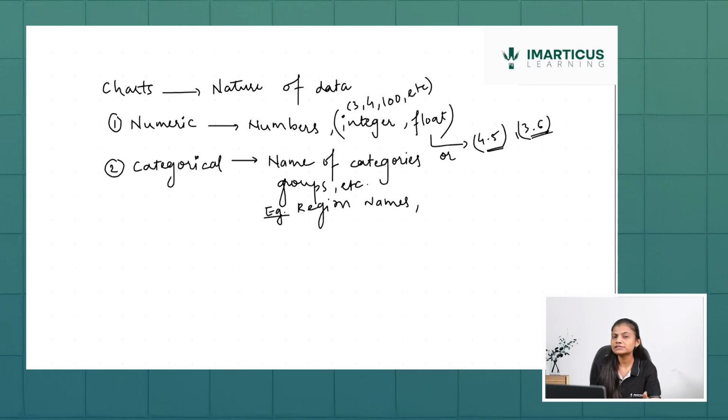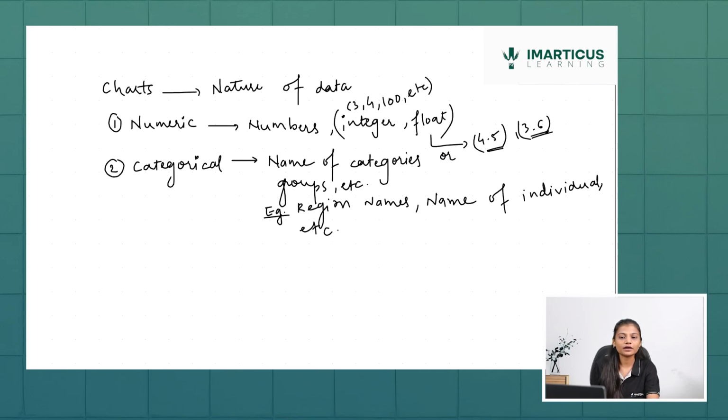It could be the names of individuals, which we saw in the example next. So name of individuals, etc. It could be department names, it could be anything, but where the number related information is not a crucial part over here. It's a category or a group taken into consideration, and that's what categorical data is.